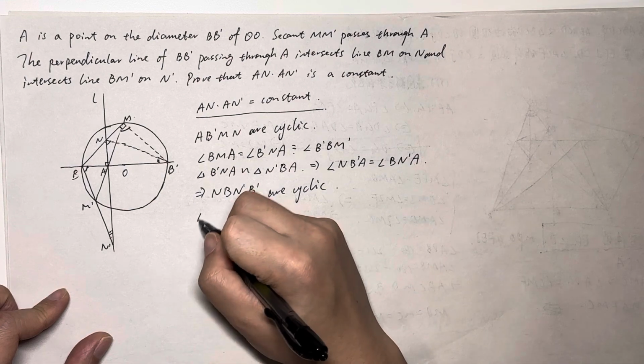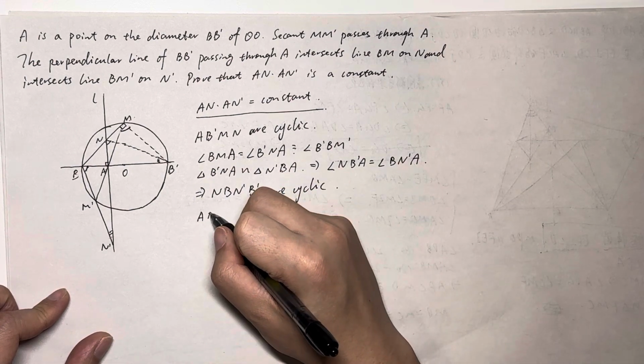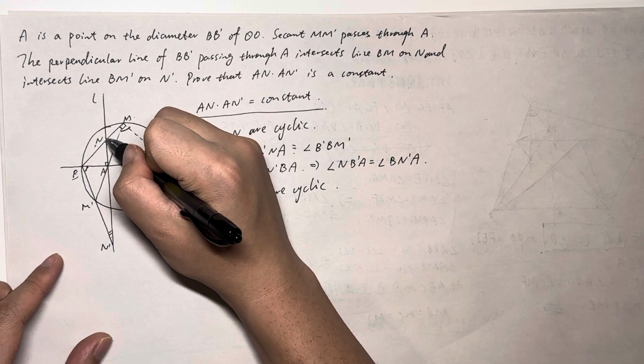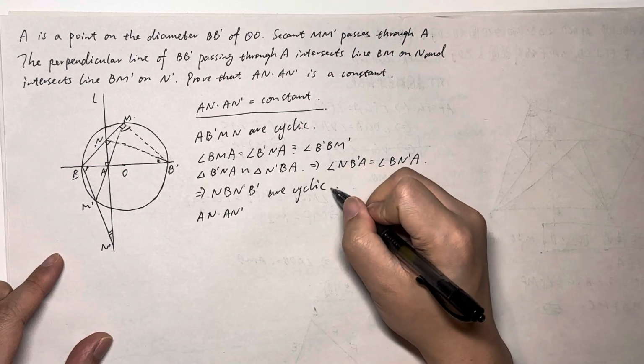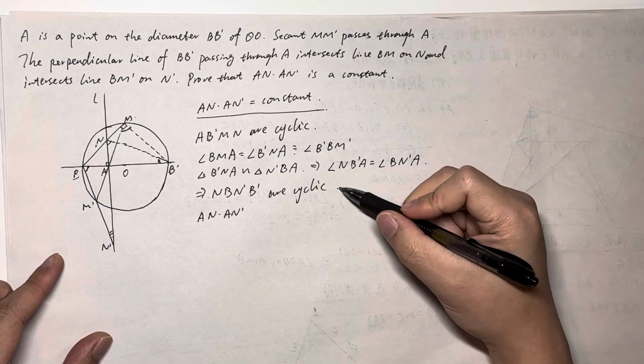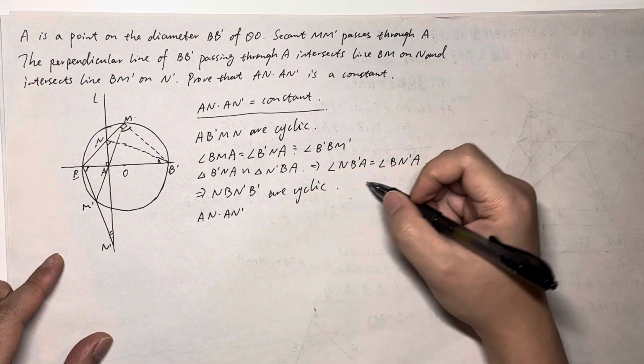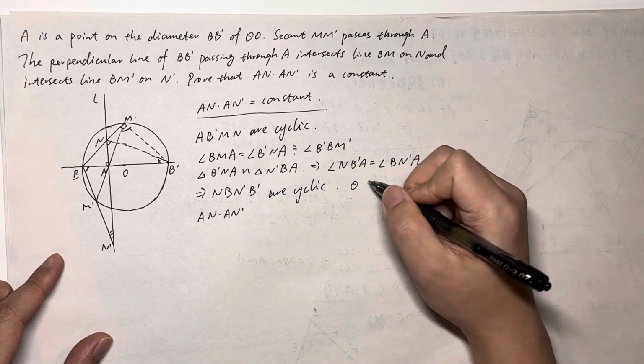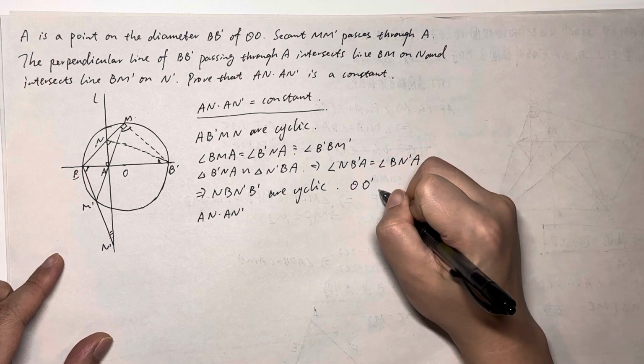Then we know that AN times AN prime, because this is cyclic, let's call the circumcircle of this quadrilateral circle O prime.